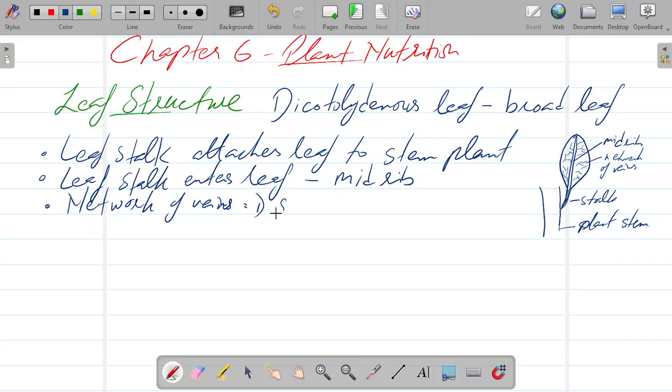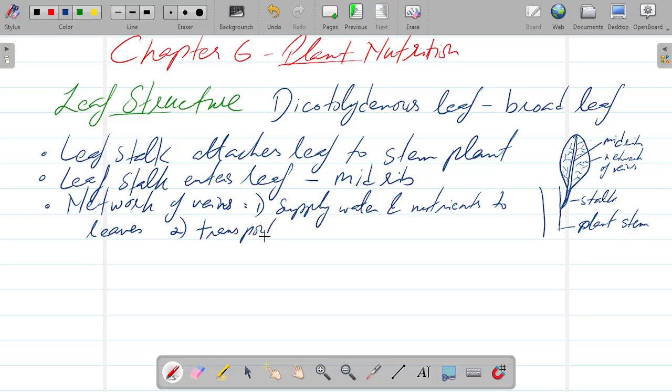They supply water and nutrients to the leaves. They transport the products of photosynthesis, which again we'll come back to later, from the leaf to the rest of the plant.